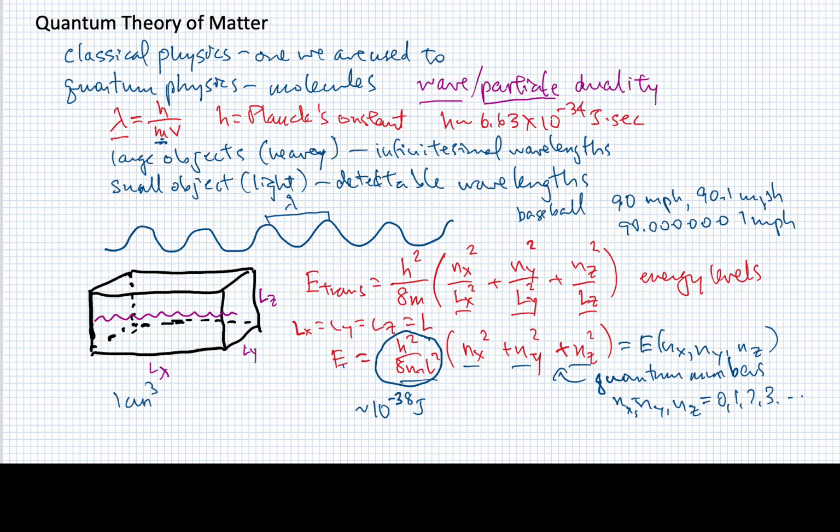So as a result, what we find is that for most objects, even molecules, the translational levels are so close together that they effectively make the particle behave as though it is classical. So translational energy levels are extremely close together.